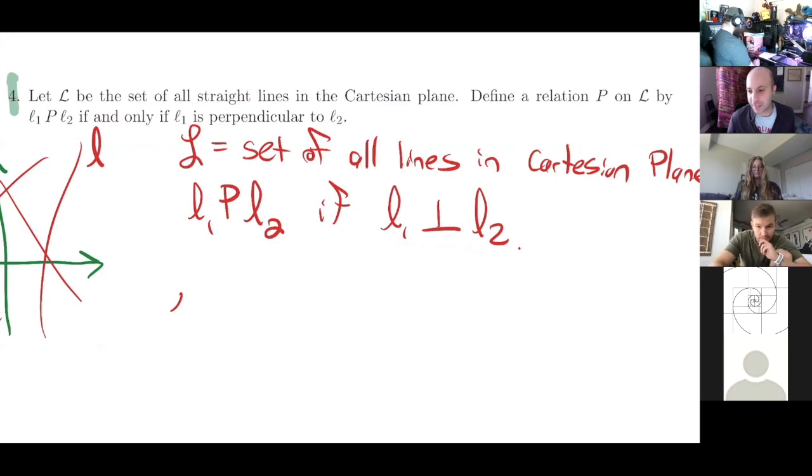Let me open up that poll. So this relation, what do you guys think? My hint here is that this is not an equivalence relation. That doesn't mean all of them are wrong. I'm just saying that at least one of them doesn't hold.